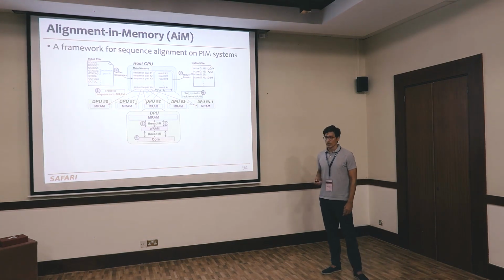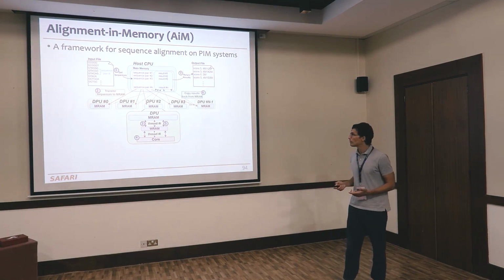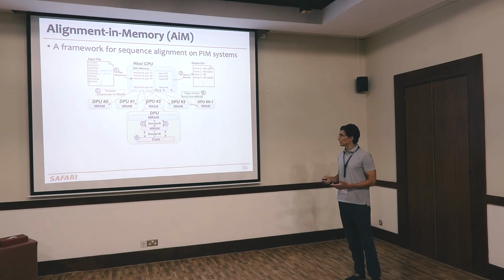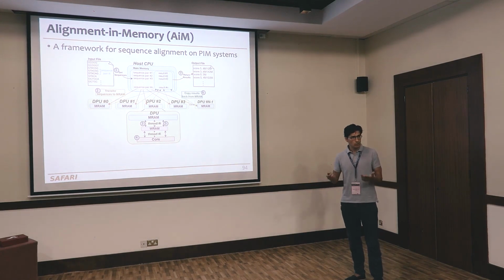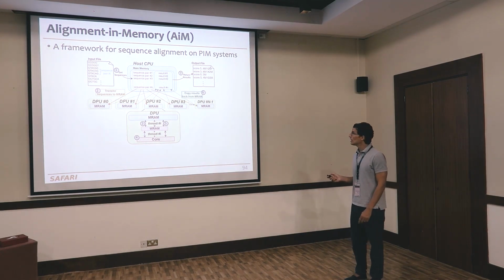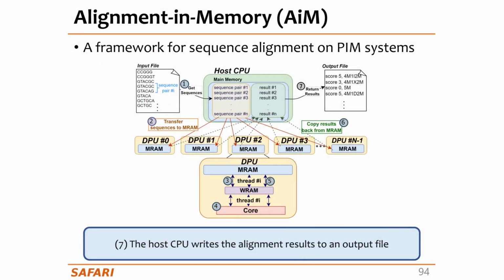And we have a perfect motivation for processing in memory, for PIM, and we came up with this framework that can be adapted to any of these sequence alignment algorithms or others, newer ones that could appear. What we are basically doing here is, first of all, loading the input sequence pairs from the input file in the SSD to the main memory.